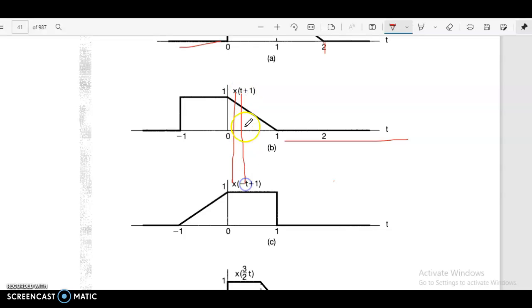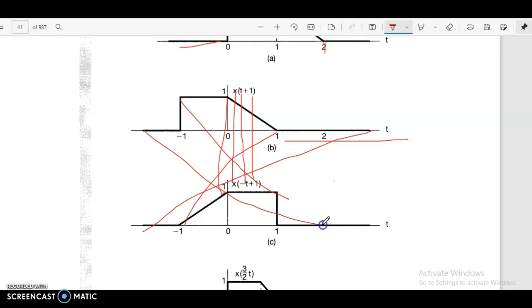So everything is reversed. This one reversed here, this slope here, then this one here. Minus 1, 0, 1.